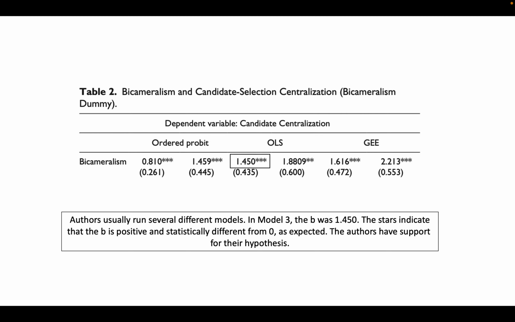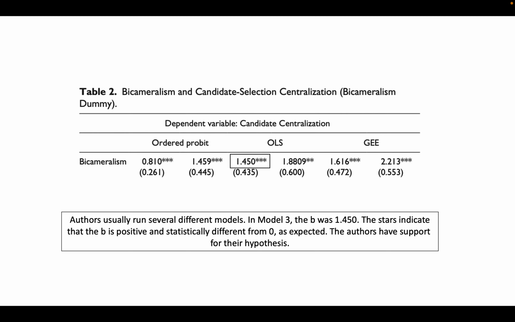If we look closely at the box, the rectangle box of 1.450 with 3 stars above it, what that indicates is that the slope coefficient for the independent variable, bicameralism, is positive. The stars indicate statistical significance.